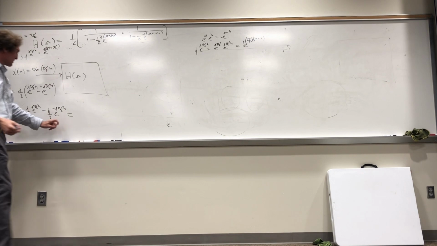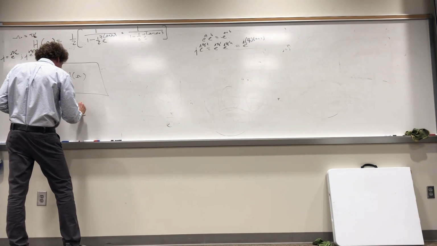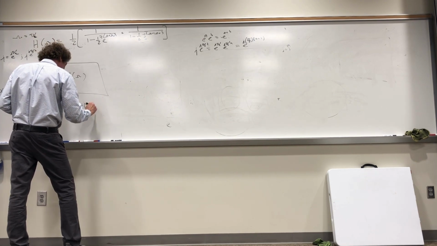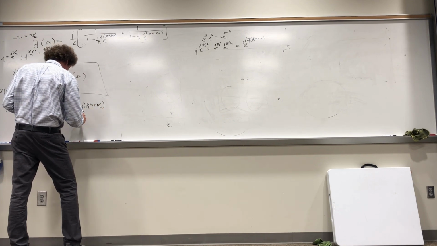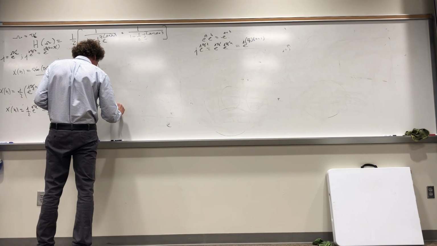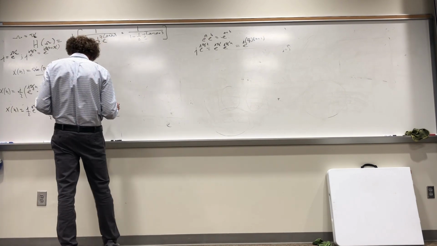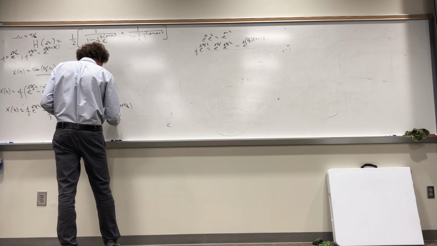My point is this can be written as e to the j, and it would be pi over 2n, plus pi over 2, divided by 2, plus e to the minus j pi over 2n plus pi over 2, over 2.